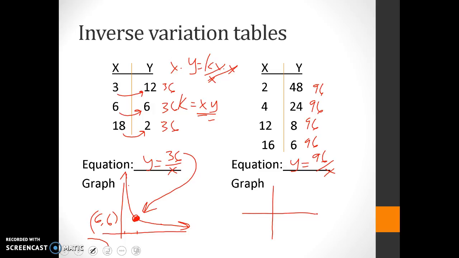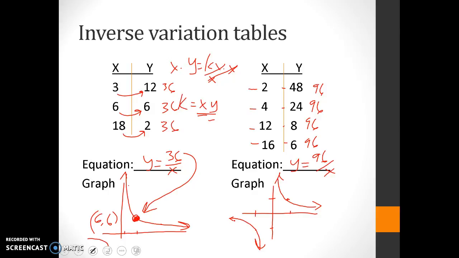Probably the easiest way to graph this, it's not going to give me an exact number, but would be to take the square root of 96, which is about 9.8. So if I went about 9.8 over and 9.8 up, I'd be about here. And if all of these values here were negative, then I would take 96 divided by all those negative numbers, and I would get all these negative numbers too, which means that I'm going to have the same graph over on this quadrant, which is the third quadrant.